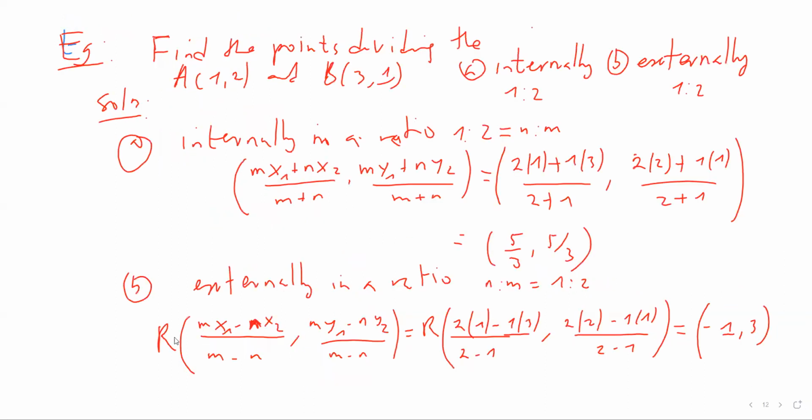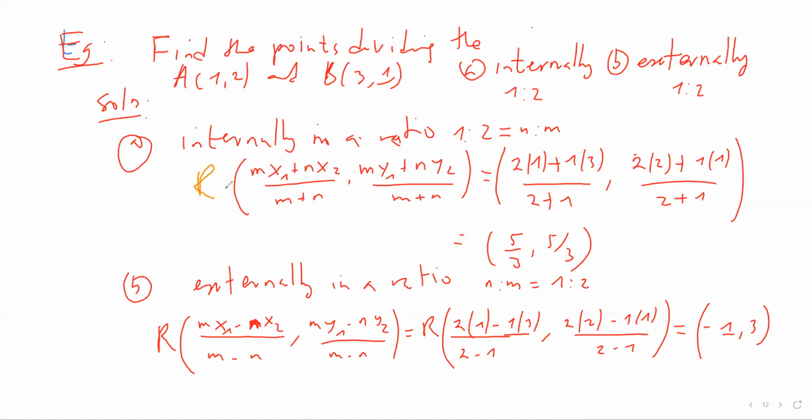So we do a simple example. Find a point dividing the line joining the points A, which is (1, 2), and B, which is (3, 1), internally and externally in a ratio 1 to 2. So internally, we know the formula.